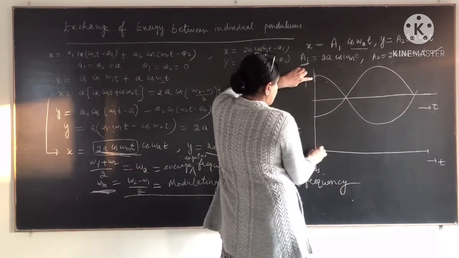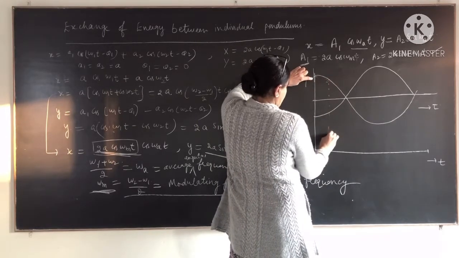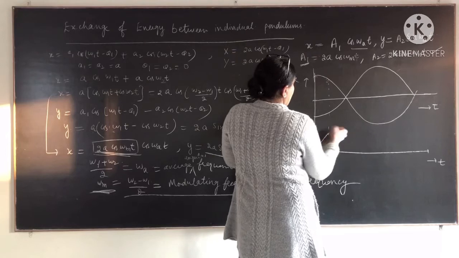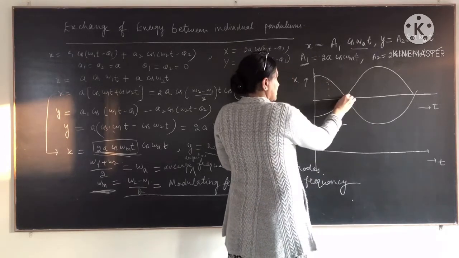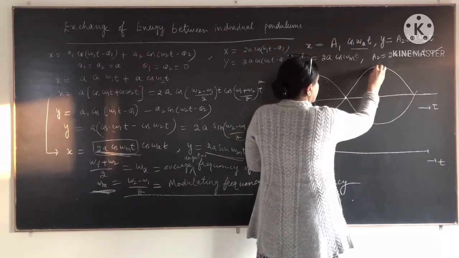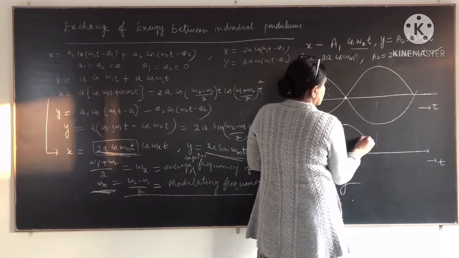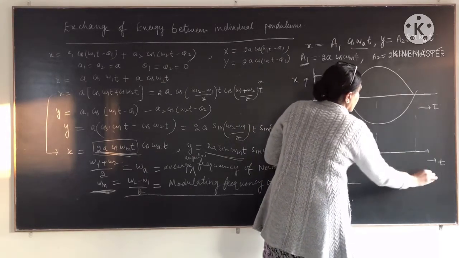Now this is maximum, here where this is 0, here is maximum value, and where this is maximum, here will be 0, and when there will be 0, here will be maximum.